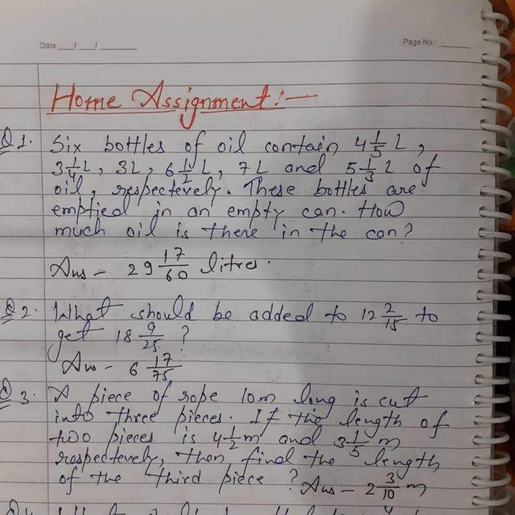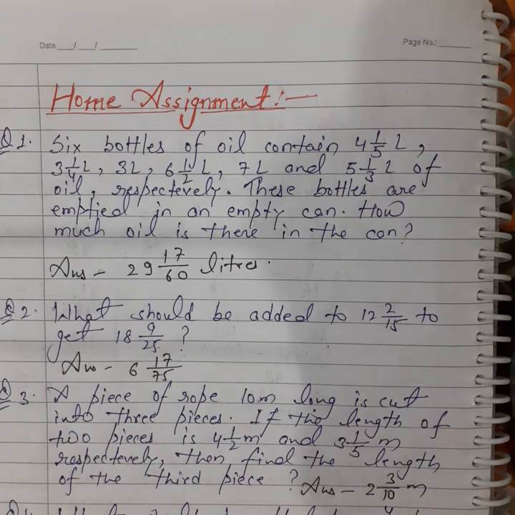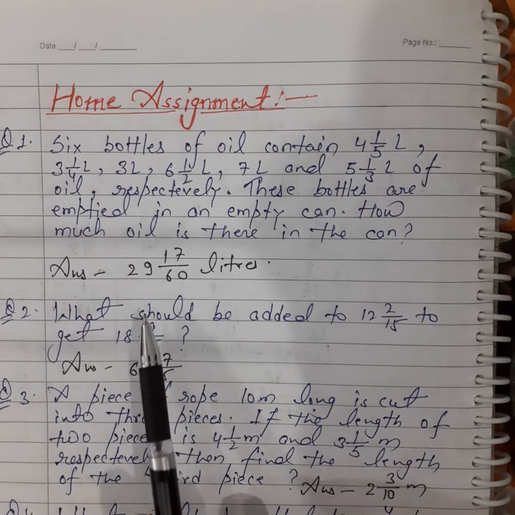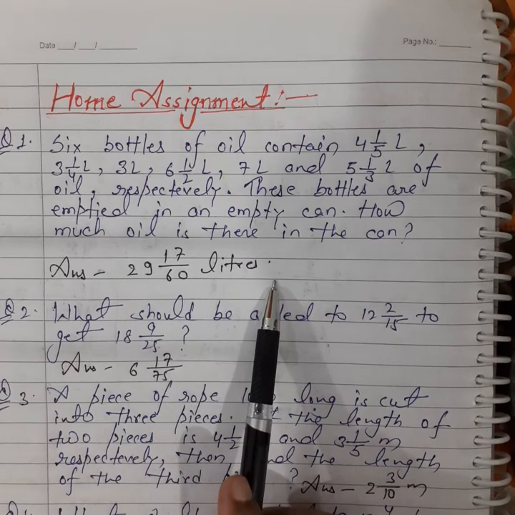These bottles are emptied in an empty can. How much oil is there in the can? You just have to add all the fractional numbers here and you get the answer, that is 29 whole 17 by 60 liters.